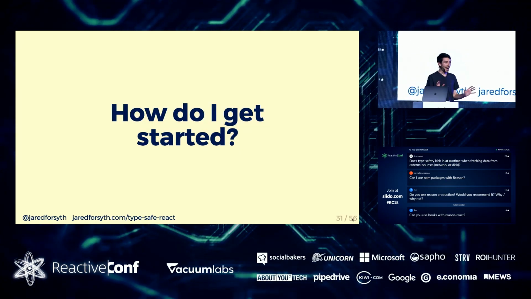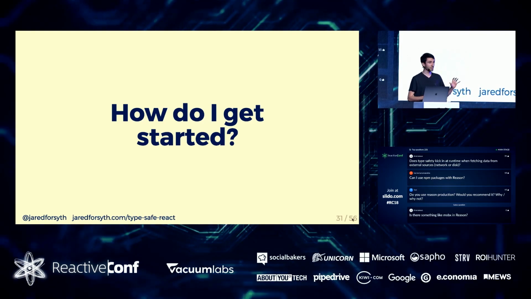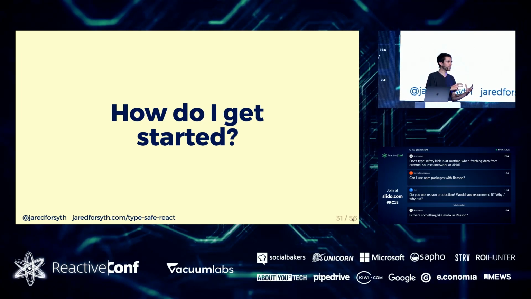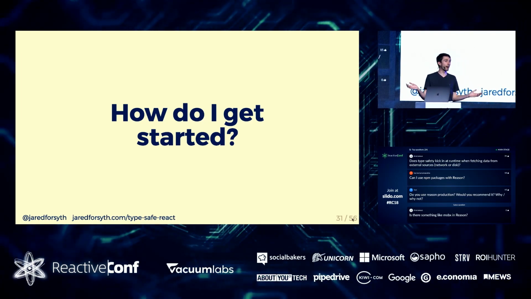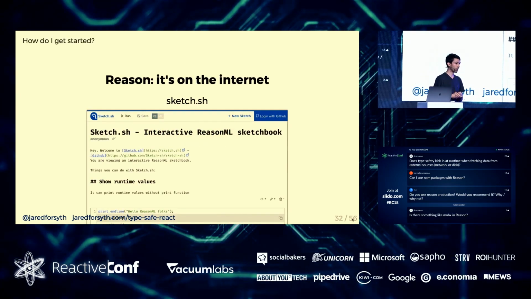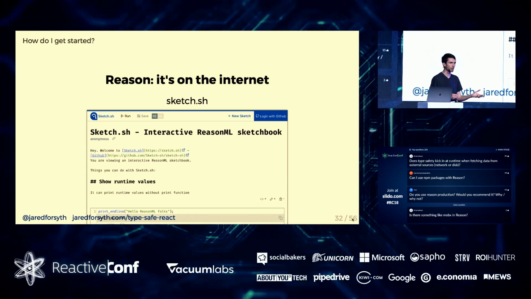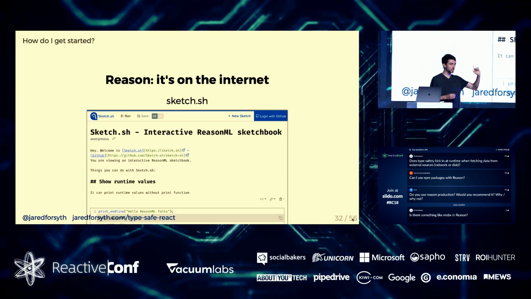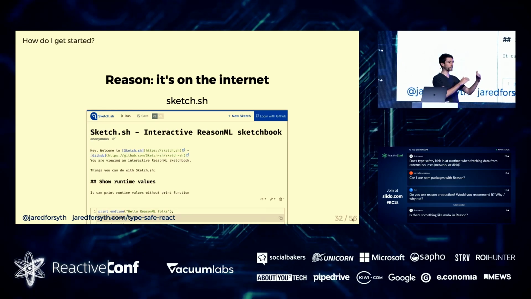So how do you get started? In the past couple of months, there have been a couple of really neat innovations in online services to help you try out Reason. One of our community members created sketch.sh, which you can look up. And if you're familiar with IPython notebooks or Jupyter notebooks, it's very much in the same line. You can have markdown nodes, and you can have code that gets evaluated inline.